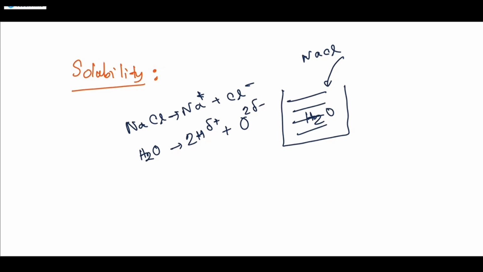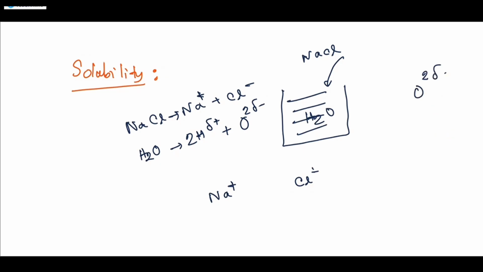Now let's see how actually sodium dissolves into water. When sodium chloride goes into the water, it divides into Na plus and Cl minus. When you see the water, it has a slightly positive part and a slightly negative part as well.